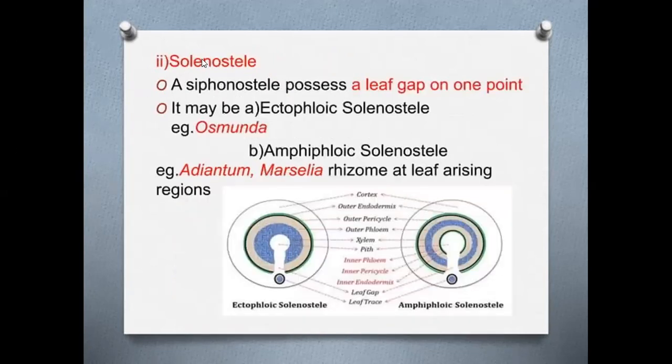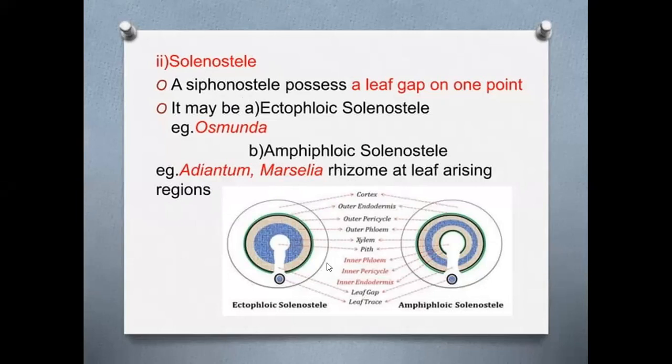Now, the second type of siphonostele here, which is referred to as solenostelic condition or solenostele. Now, what is the solenostele? This can be observed in Marsilea rhizome. If you observe the transverse section of Marsilea, you come across this. Now, what is this solenostelic condition?